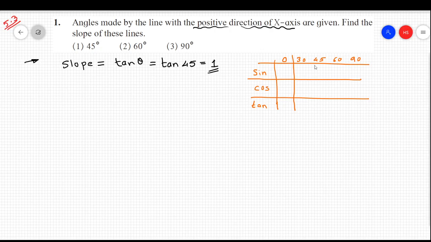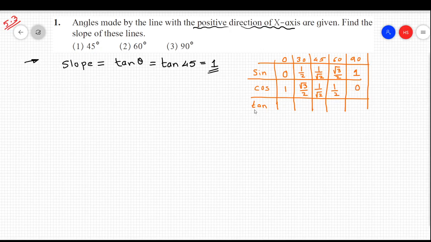Remember, these angles are in degrees. So what was sine: 0, then half, then 1 upon root 2, then root 3 by 2, and this is 1. Then what was for cos? You know this: 1, root 3 by 2, 1 upon root 2, 1 upon 2, and 0.